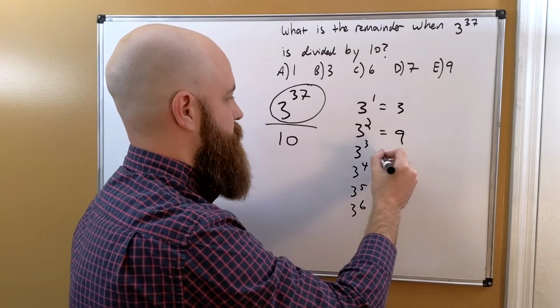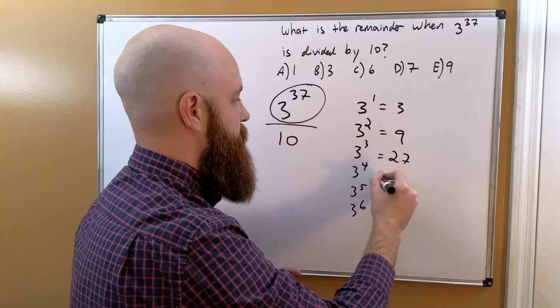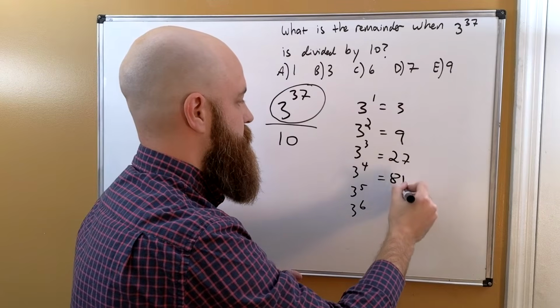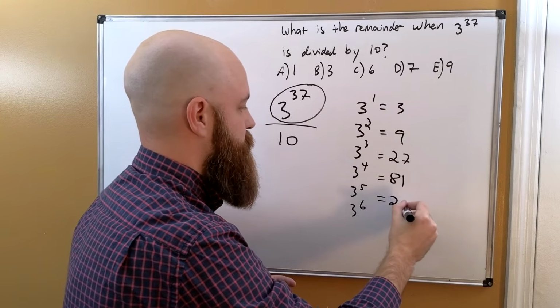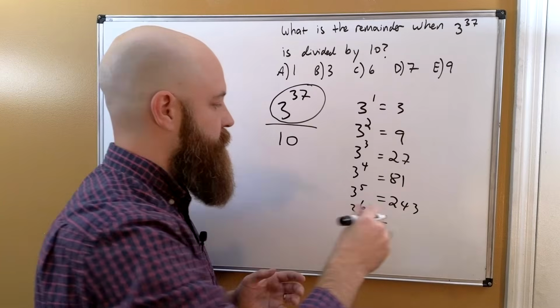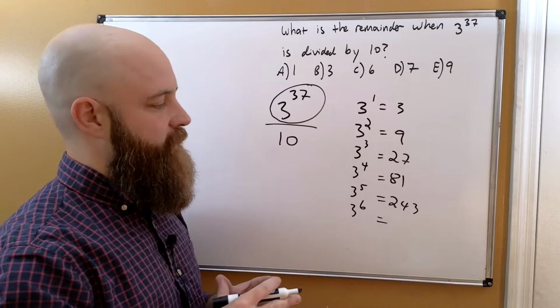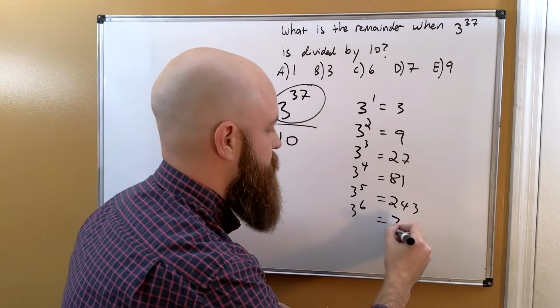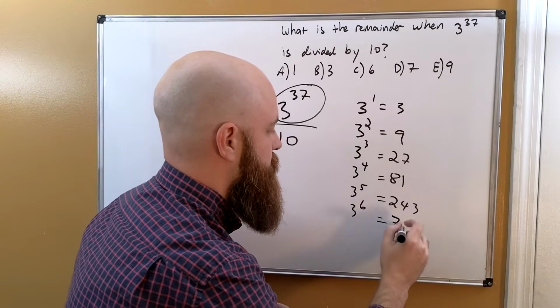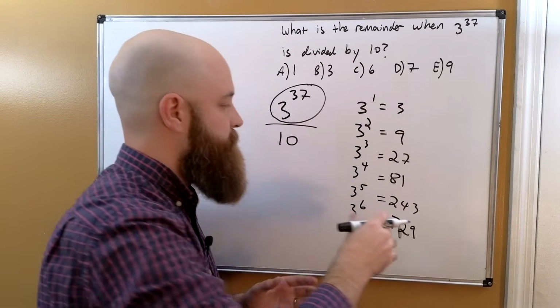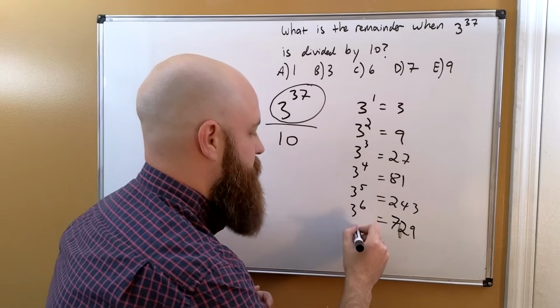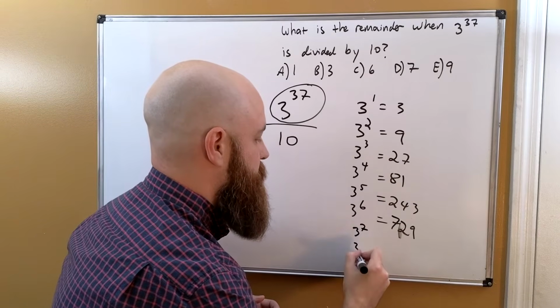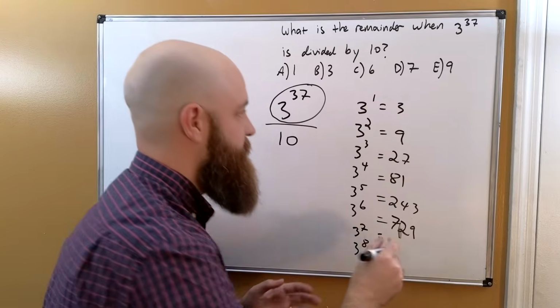Okay, 81 times 3, 243 times 3, let's see, that's 600 plus 120 plus 9, so 729. Okay, I could keep going, but let me stop and see, do I have a pattern yet?